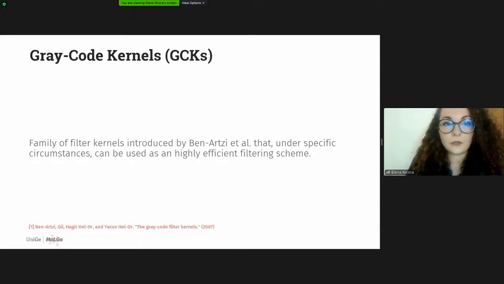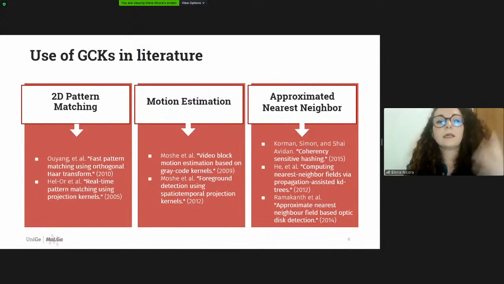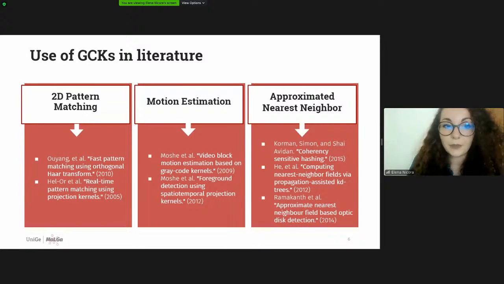This is the family of the Gray Code Kernels, introduced in 2007, and this large family of filters also includes the well-known Walsh-Hadamard kernels. In literature, they are mainly used as a pattern matching technique, as a projection scheme to compute distances between patches, mainly in the 2D domain.